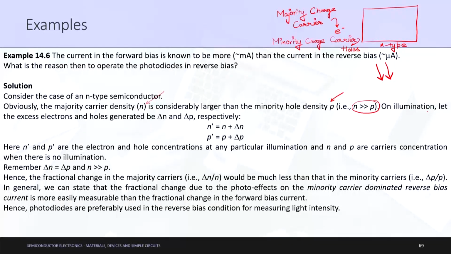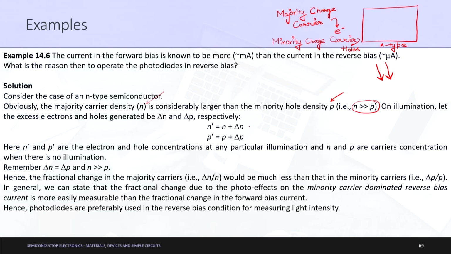So, the basic crux is that if there is an optical signal being interacted upon, then there is an electron hole pair being generated. That means there will be an increase in the delta n value also, and an increase in the delta p value also. So, on illumination, let the excess electrons and holes generated be delta n and delta p respectively.